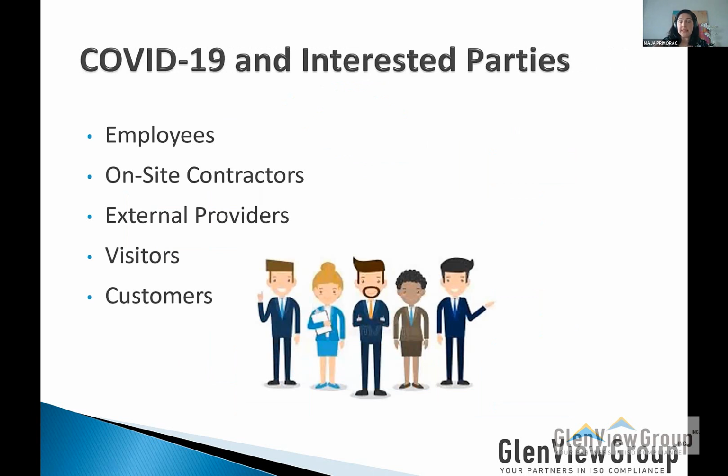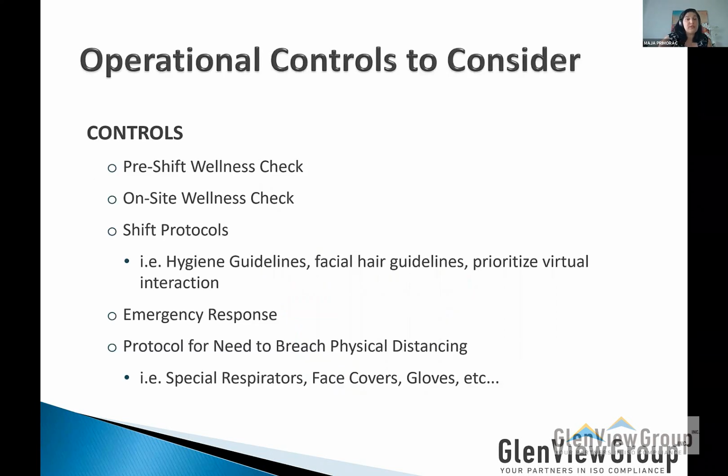So, COVID-19 and interested parties. This is going a little bit deeper, right? Each level we go a little bit deeper. This is where we need to take into consideration employees, on-site contractors, external providers, visitors, and customers, and some of the controls to take into consideration. Pre-shift wellness check, on-site wellness check.